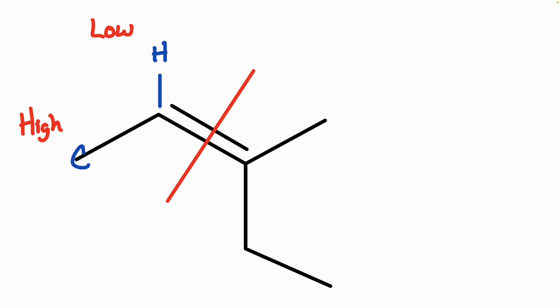So in this particular molecule, I'm going to be comparing this carbon with this carbon, right? Well, all of a sudden I have a tie. Both of those are carbon atoms. Neither one's got a higher or lower atomic number. So how do I break this tie?